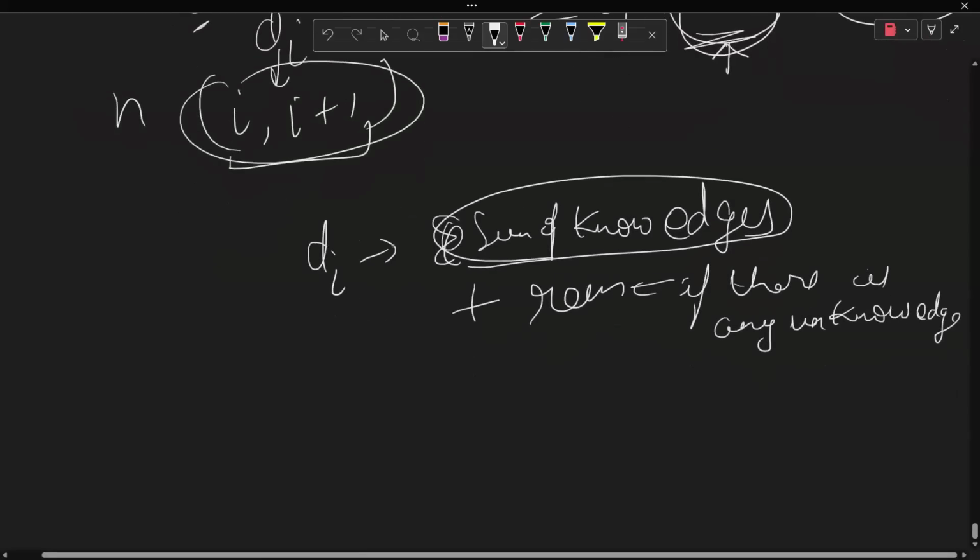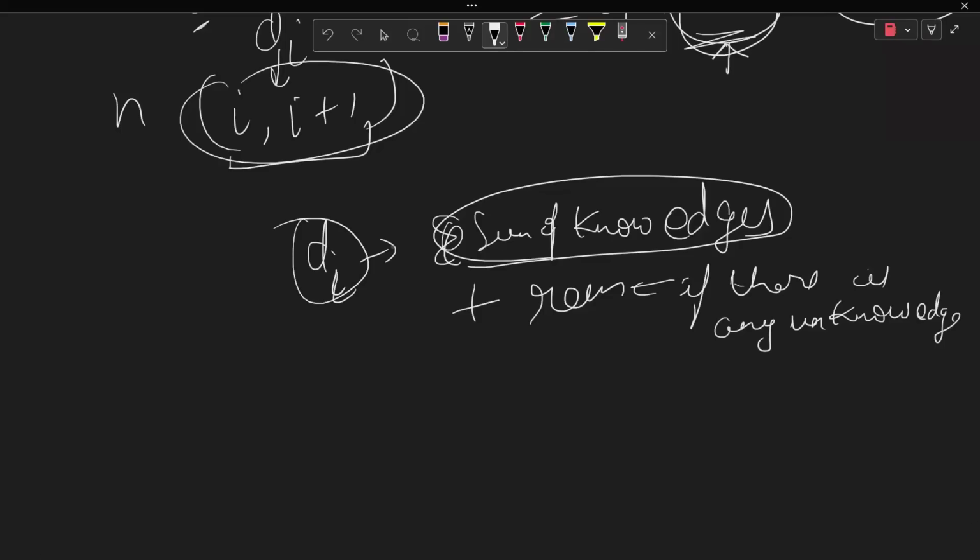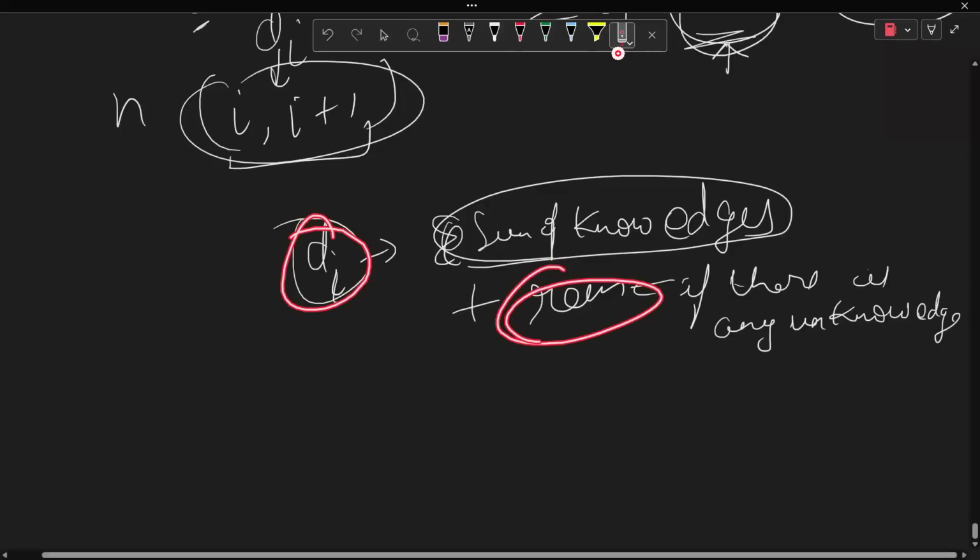Now you would have to just maintain, for every di, what edges constitute that di and, among them, how many are unknown. If you can maintain the count of unknown edges in di, and that count is greater than 0, you would add plus remaining. Otherwise, it is the sum of known edges, and that sum you would also have to maintain in some variable.